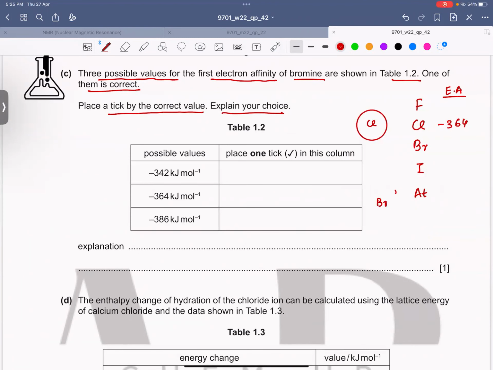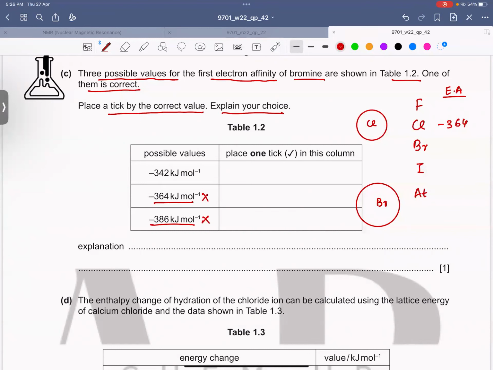If we look at a chlorine atom of this much size, then bromine must be bigger. And if bromine is bigger than chlorine, then when it attracts the electron, it attracts it with a lesser force. So this option is wrong, and this one, which is greater than chlorine, is also wrong.